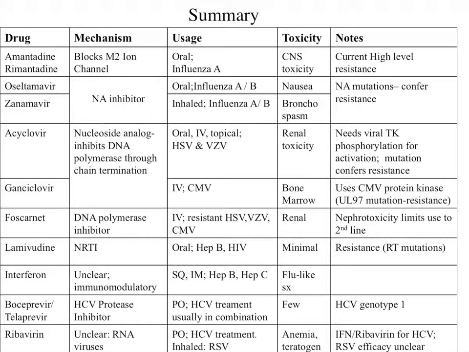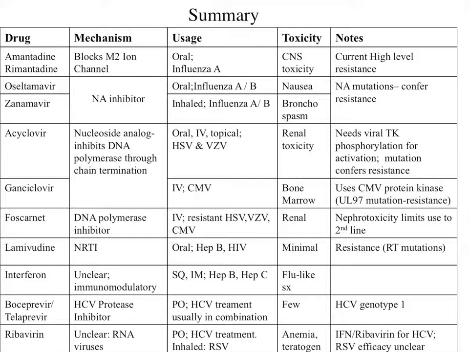This final slide is simply a summary slide for your benefit and to try to pull together the list of antiviral drugs that we have discussed. We initially discussed drugs against influenza. Those were amantadine, oseltamivir, and zanamivir.